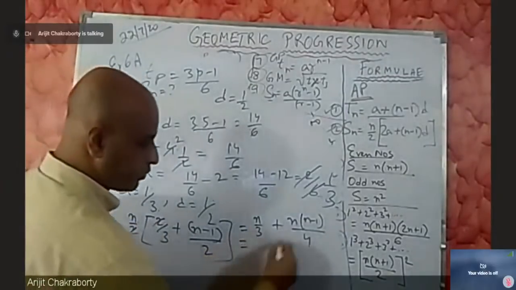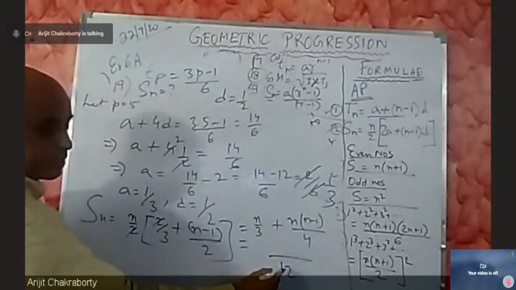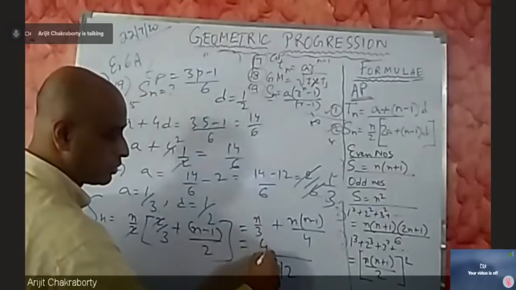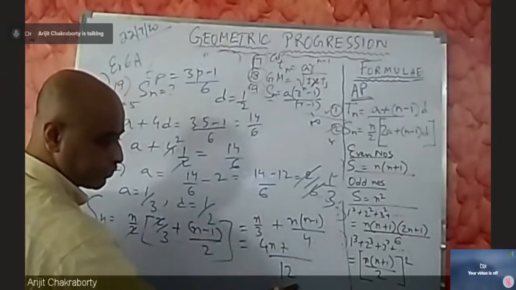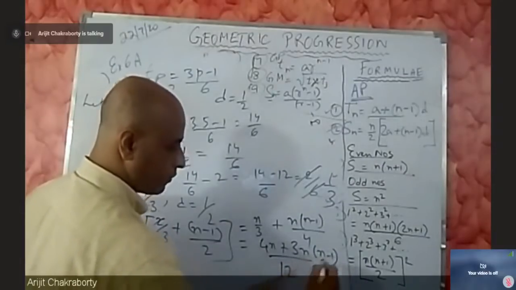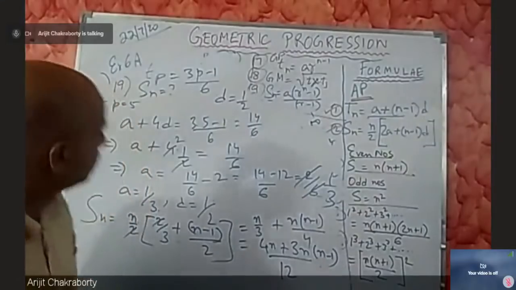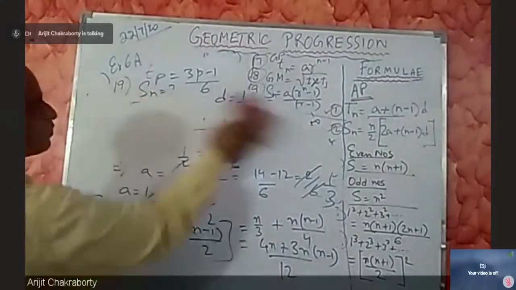So we take the LCM, 3 and 4 is 12. Please follow us. So you get 4n in the numerator plus 3n into n minus 1. So this is the final expression which I will now wrap up here.